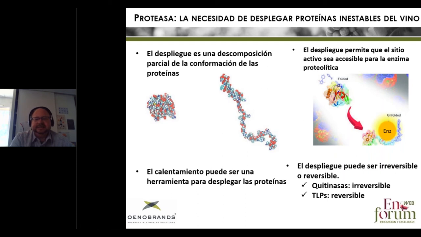This unfolding is a non-reversible process for the chitinase, but for the thaumatin-like protease, it's a reversible process. So the enzyme should be added before the heating to avoid the protein turning back to the original conformation.